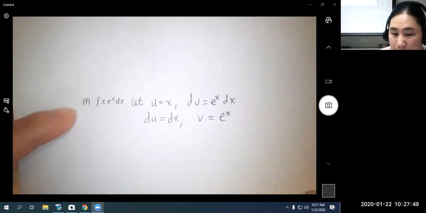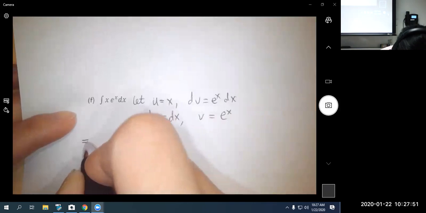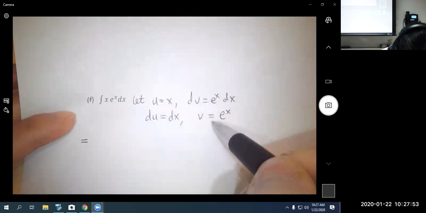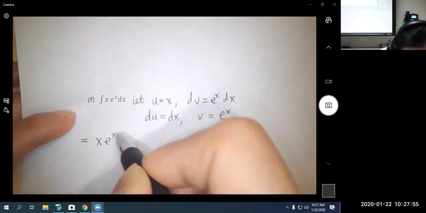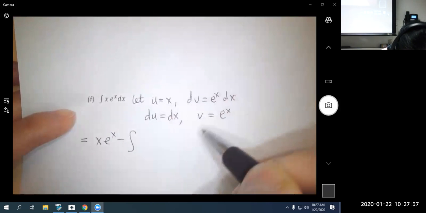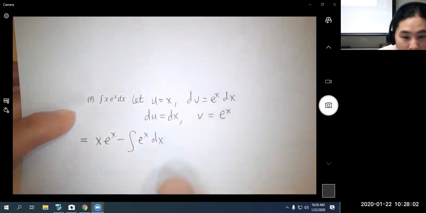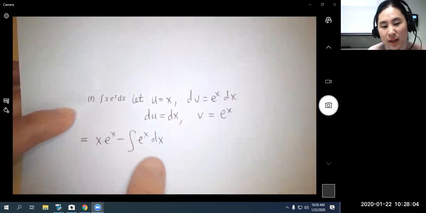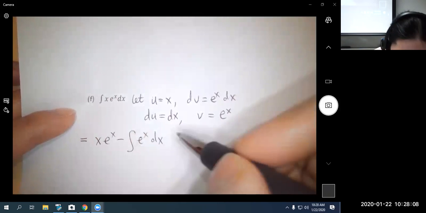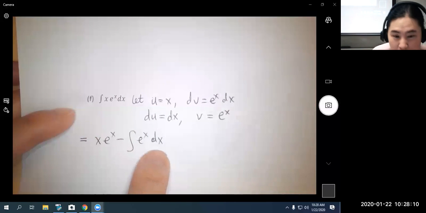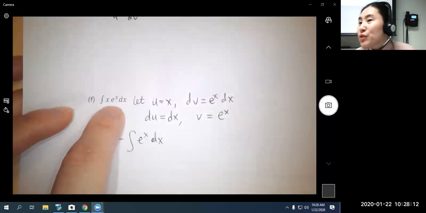Now what we can have is u times v, x times e to the x, minus the integral of what? v times du. Oh, we like this. There's no x times e to the x anymore. It becomes e to the x itself. See, this integral looks simpler than the original one, right?